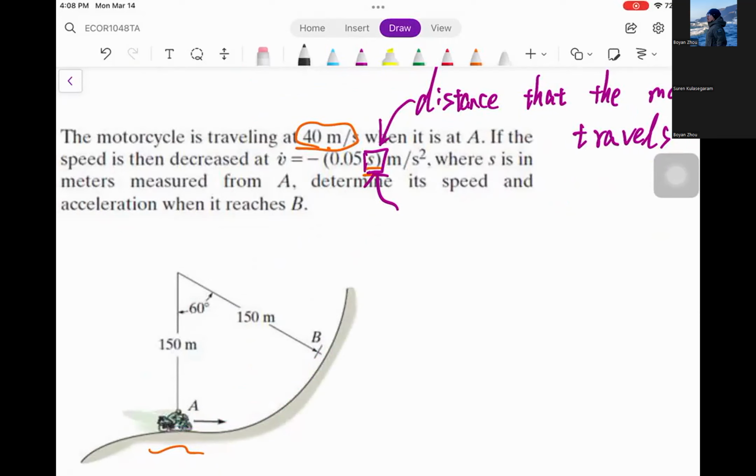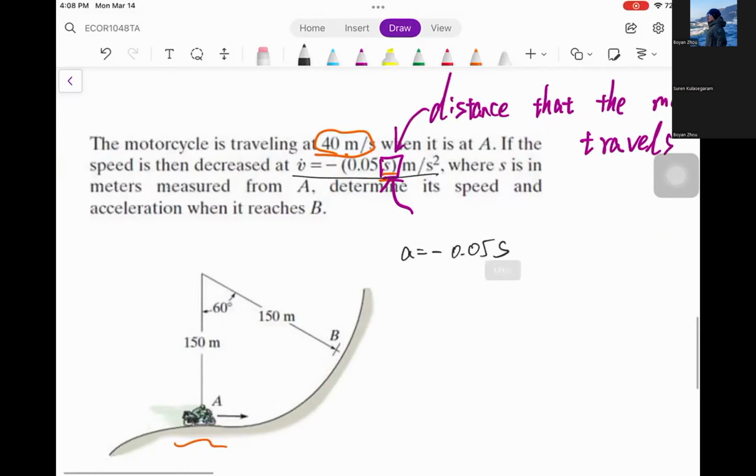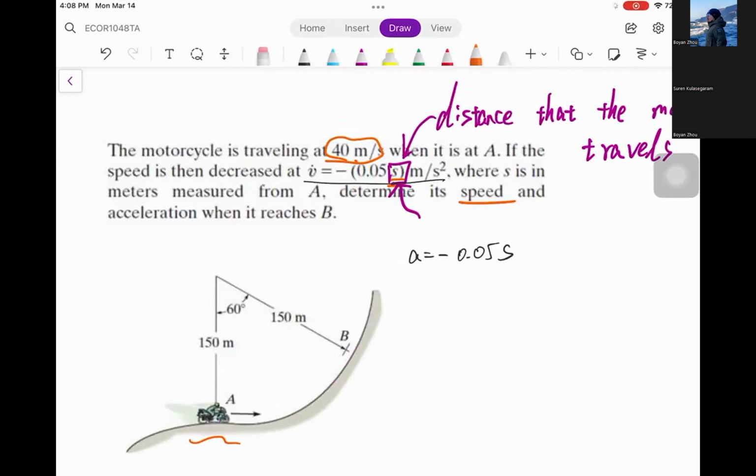Okay, so this one, essentially the acceleration is equal to negative 0.05 times s. And then we're going to find out the speed and the acceleration.